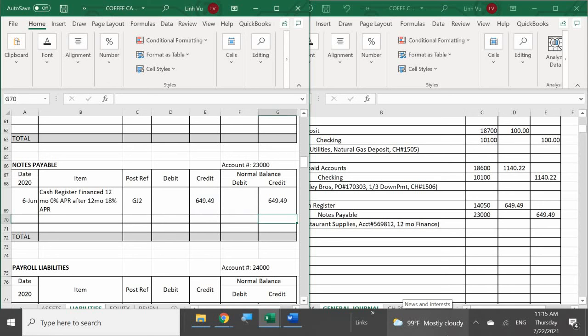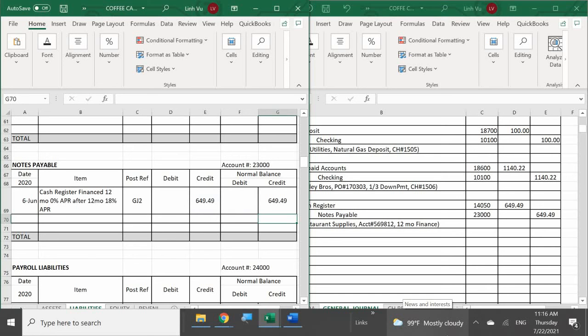So as I make my monthly payments, then the amount that I owe for my notes payable will slowly decrease. But if I choose to just go ahead and pay for the whole thing all in one go, then yes, I will have the opportunity to reduce my notes payable by a lot because I'm going to pay it off quicker, right? That way I have less chance of getting hit with that interest.